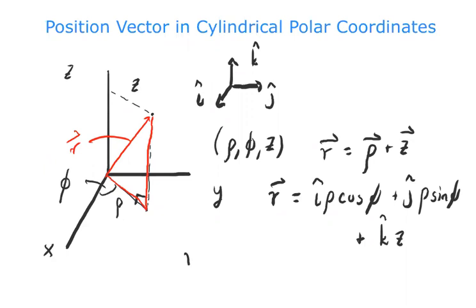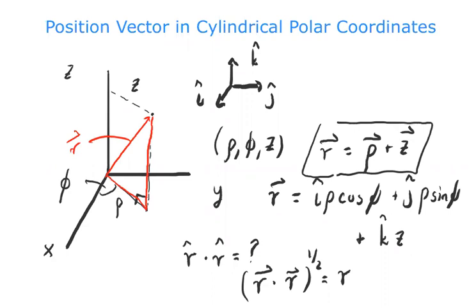Again, prove to yourself what the unit vector r hat dotted into r hat is in cylindrical polar coordinates, and calculate the norm, length or magnitude of a vector in cylindrical polar coordinates. You can do all this with that and that.